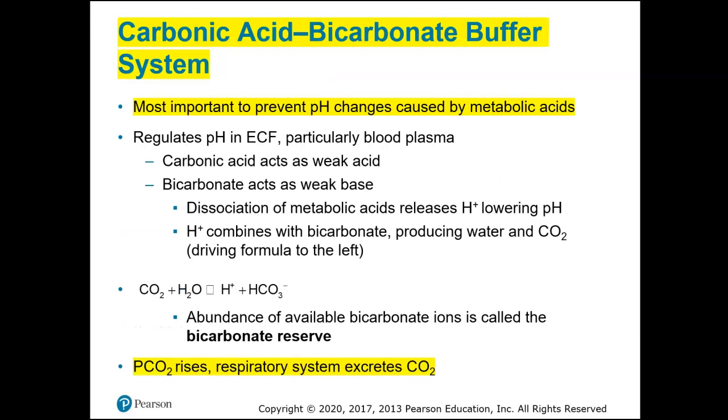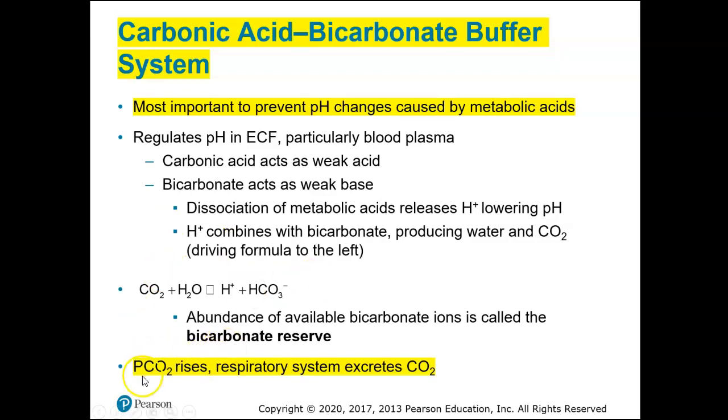The carbonic acid-bicarbonate buffer system is the one I'm going to go over a little bit with you because it's the most important in preventing pH changes caused by metabolic acids. It's the most important buffer system that prevents pH changes due to lactic acid buildup when you exercise, or due to ketones that form when your blood glucose levels are too high.